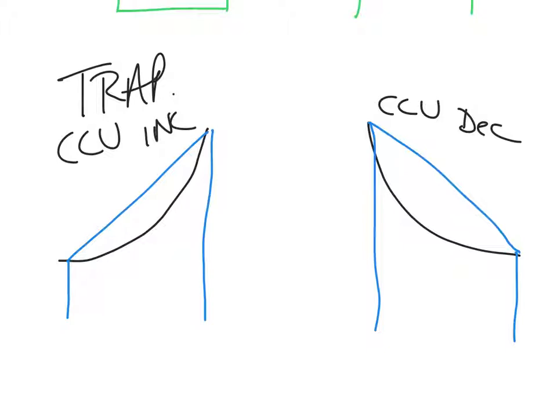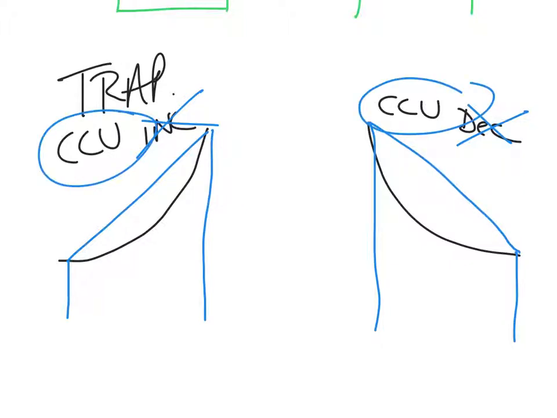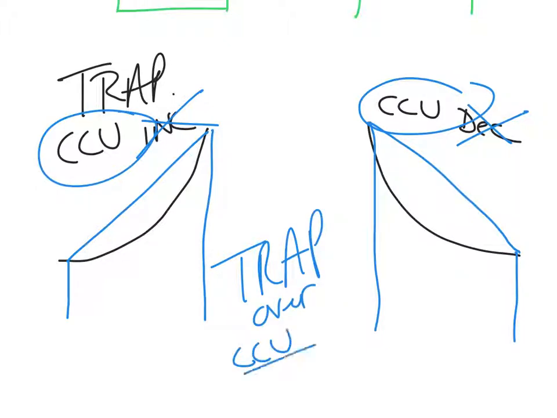Now what didn't matter this time? The increasing, decreasing didn't matter. What it did depend on was the concavity. Since it was concave up, the trapezoid is an over approximation here, and that is because of the concavity.